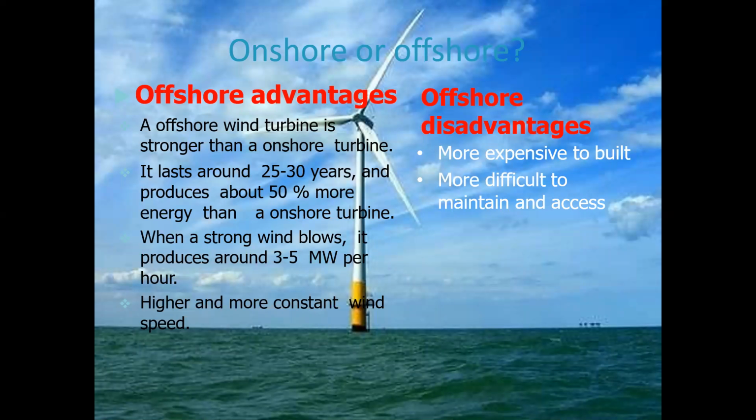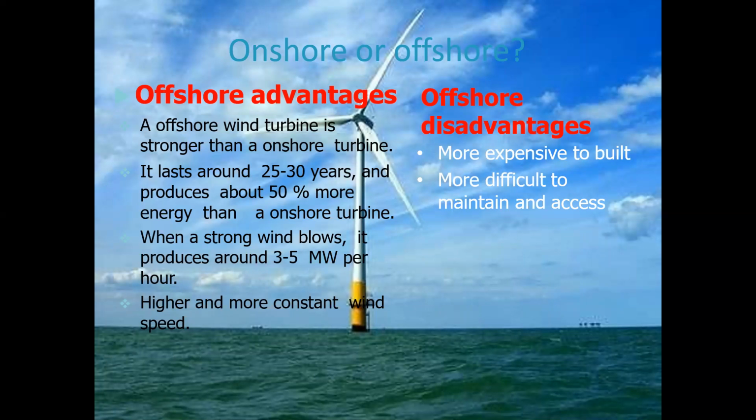Offshore wind turbines also have advantages and disadvantages. The advantage is that an offshore turbine is stronger than an onshore turbine because the wind energy is more constant and stronger when it's at sea. It can last for a longer time than the onshore wind turbine, which is 25 to 30 years, and can produce, as I mentioned, more electricity, about 50% more.